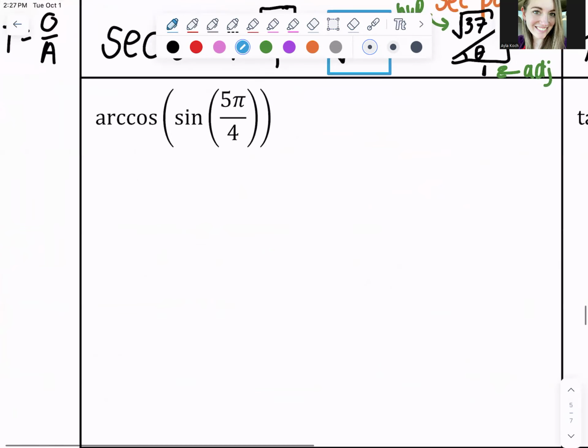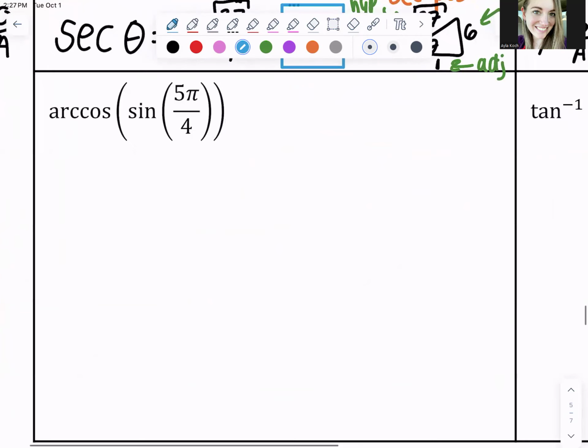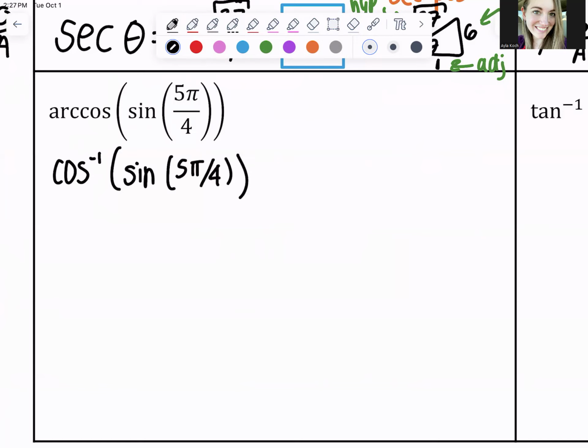All right. These next two are with the inverse on the outside. So I will rewrite this because I like to see it as cosine inverse. Cosine inverse of sine of 5 pi over 4. We'll start by resolving the sine of 5 pi over 4.